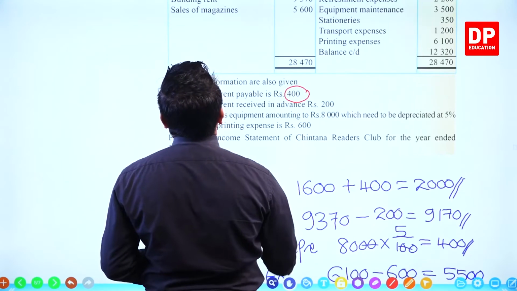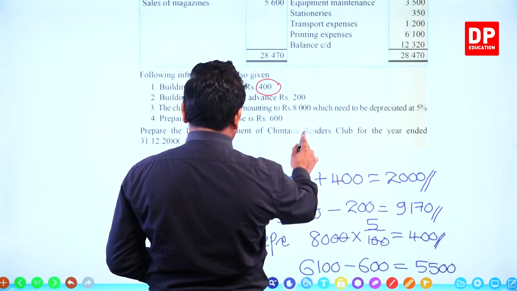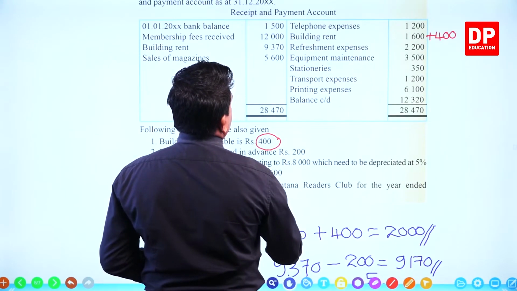Okay. Then next, that side is finished. Now go to the other side. Telephone expenses. We didn't do that, no. So telephone expenses, how much? 1,200.